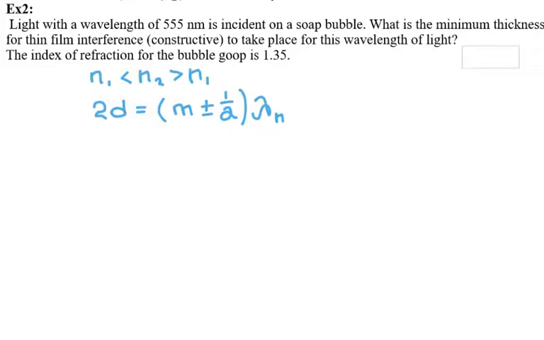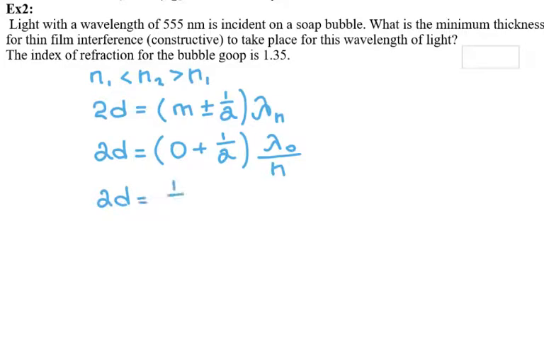So I'm looking for the thickness. 2 times d is equal to, if I choose m to be 0, then I have plus 1/2. And the wavelength in that medium is the wavelength in the vacuum divided by n. So I will have 2d is equal to 1/2, and then the wavelength in the vacuum is 555 times 10 to the negative 9, all of that divided by n, which they give as 1.35.